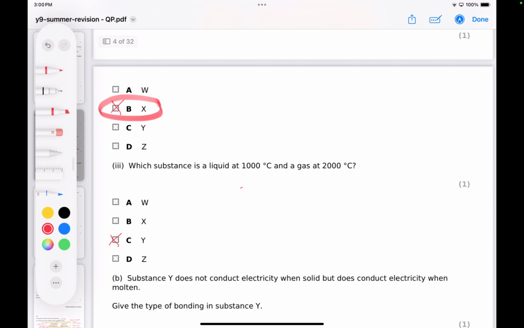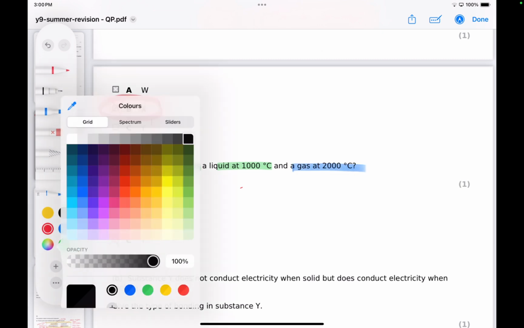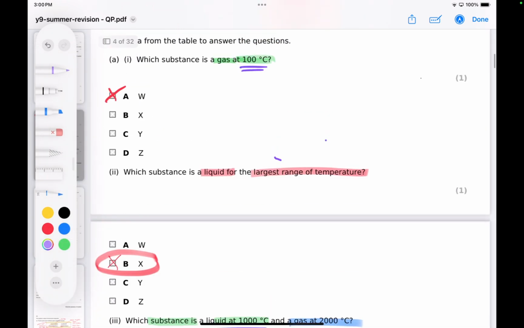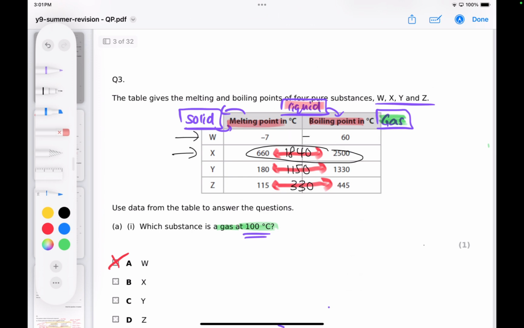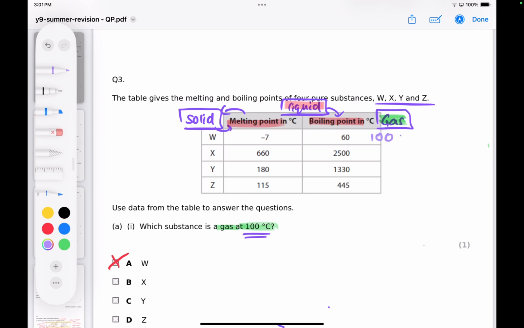Next one, we're looking at the substance that's a liquid at 1000 and a gas at 2000. Let's focus on the liquid first, so we won't be so overwhelmed. We're trying to fit the value of 1000 in each of them. Where should I put 1000? 1000 would be here for W. 1000 would be between 660 and 2500 for X. And then for Y, 1000 would be between 180 and 1330.